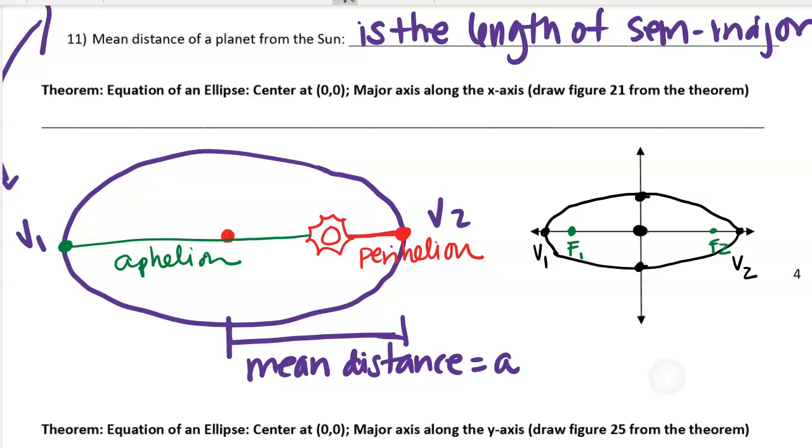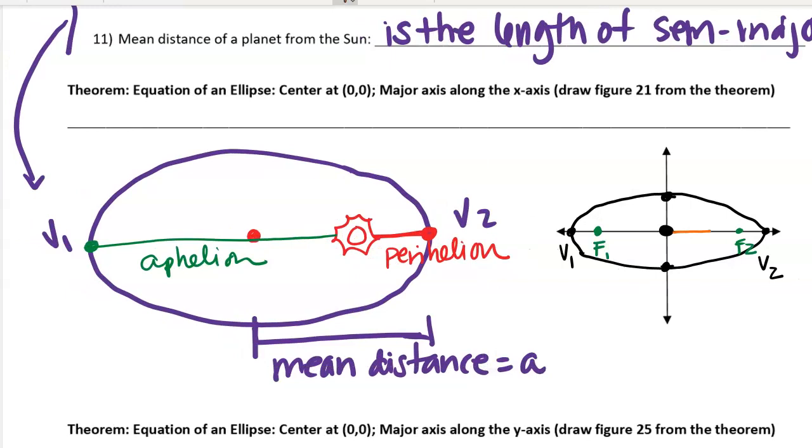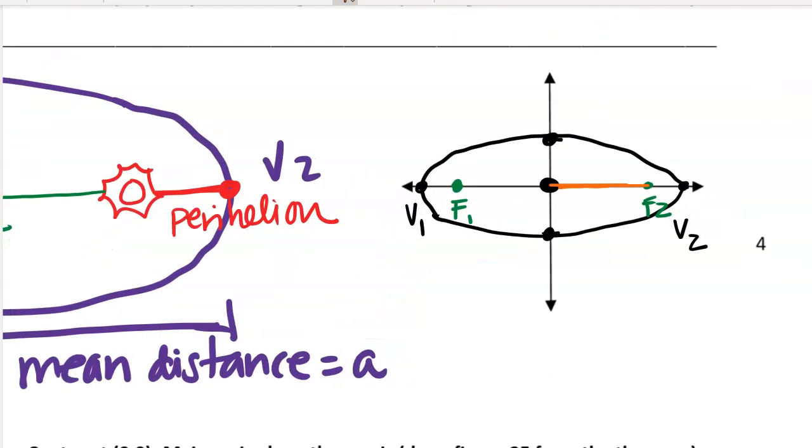Question number 1. The distance from the center to one of the foci is what variable? C. The distance from the center to this right here is B. We know for sure the distance from one vertex to the center is what? A. It's A somewhere else. Yep, A is also there.